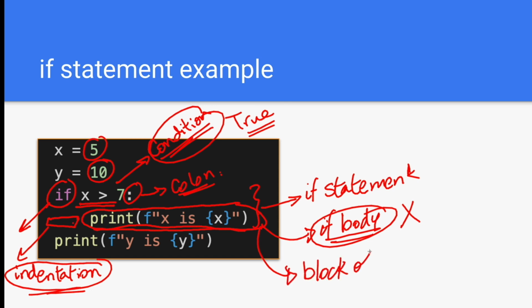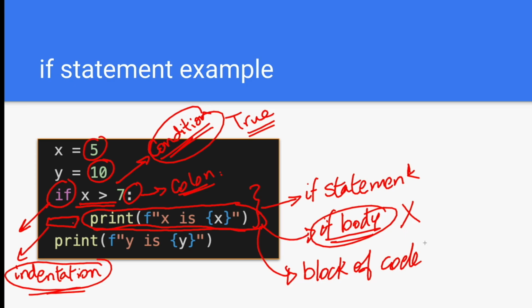And this is also a way for Python to separate between what is the if body and what is the rest of the program. For example, without this indentation, how would Python know that the print y is not part of the if body? There would be no way for Python to know that, okay? Python will know what the if body is, what are the statements that need to be executed if the condition is true, from this indentation.